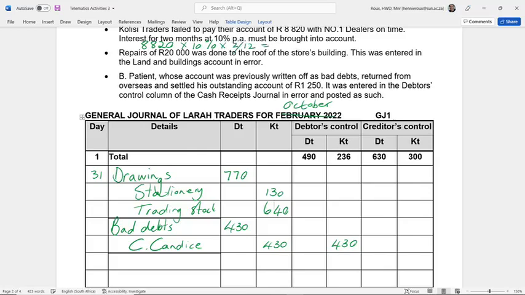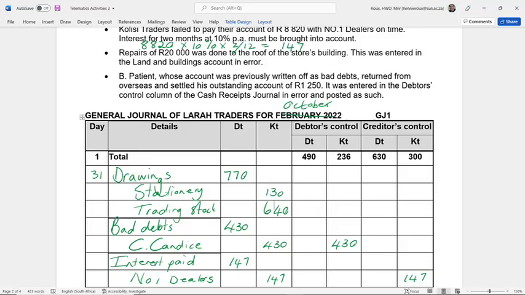So the amount of interest charged to our account is 147. Interest paid is an expense, so we debit interest paid and we credit Number 1 Dealers because this is a creditor that increases. 147, 147. Number 1 Dealers, a creditor that we credited, therefore creditors control 147.